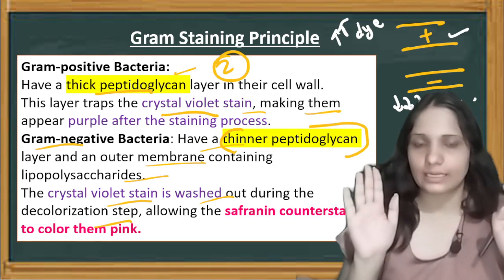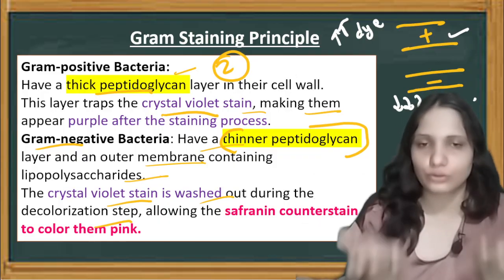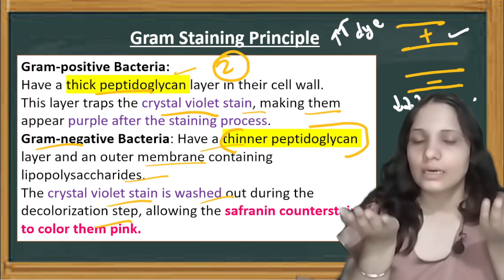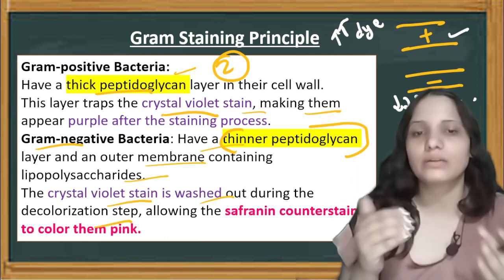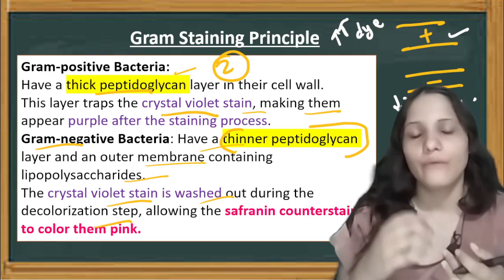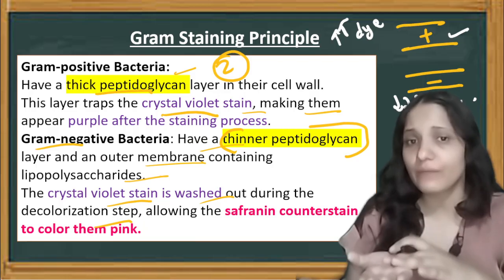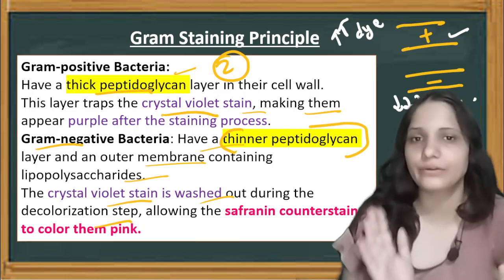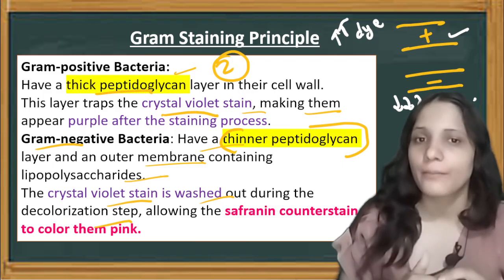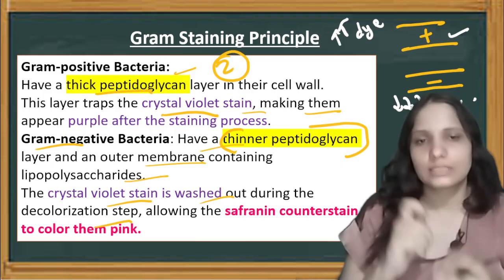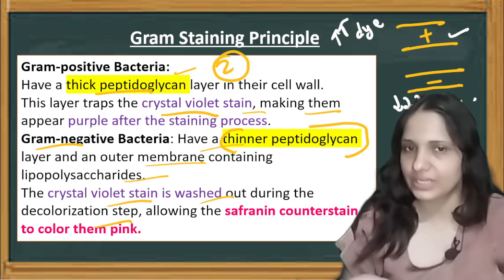So finally, after the experiment, when we observe these two slides under the microscope, what interpretations do we get? We will observe that gram positive bacteria look purple in color and gram negative bacteria appear pink in color, right? So these are the final interpretations of gram staining.